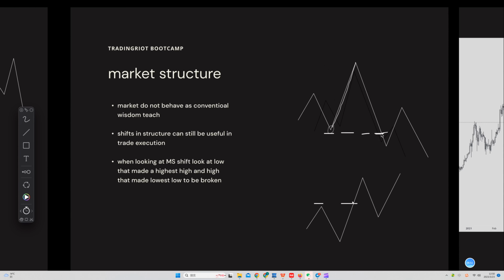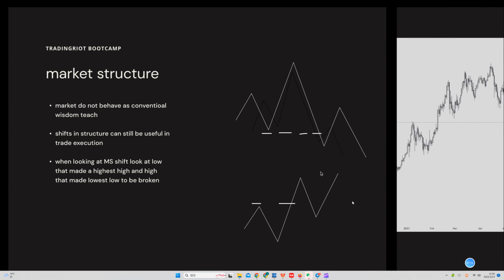Once that is broken and the market is at any kind of key reference point, you want to start paying attention. Same as this. This is the high that made the lowest low. Once that is broken and you have an overall trade idea, and the market is at a key reference point, you want to start paying attention. Outside of your levels of trading, watching the market structure is not really extremely worth it.